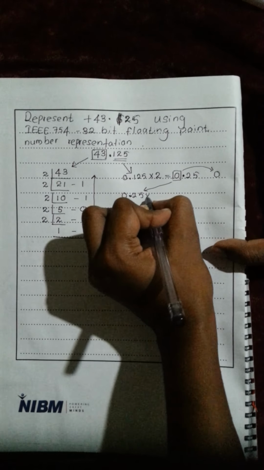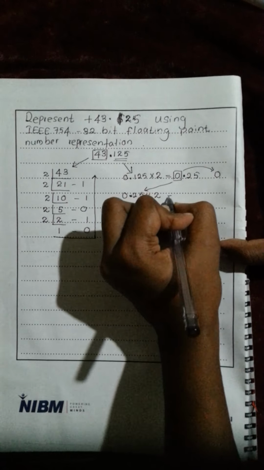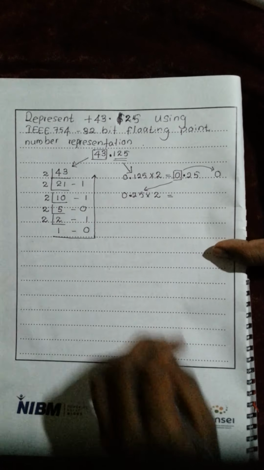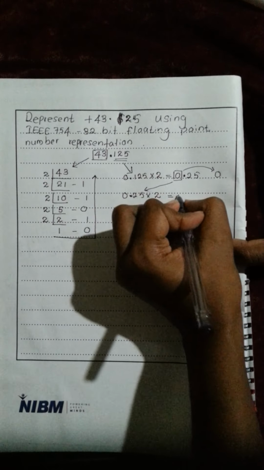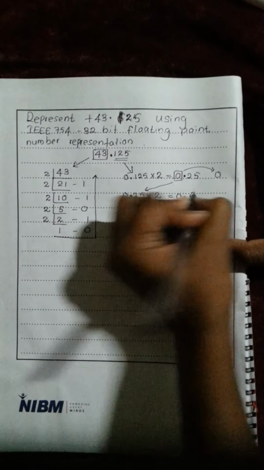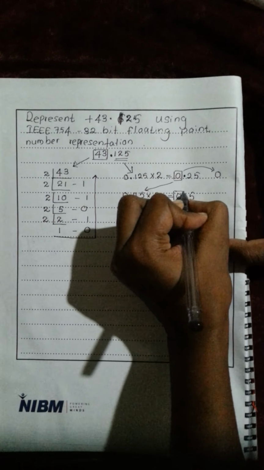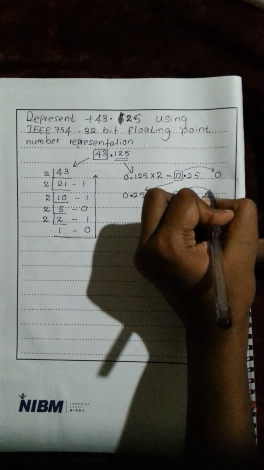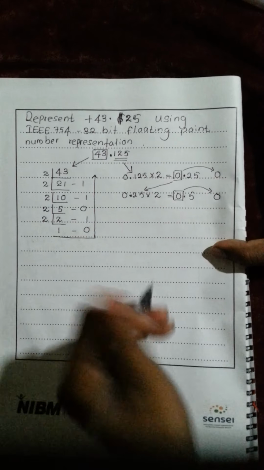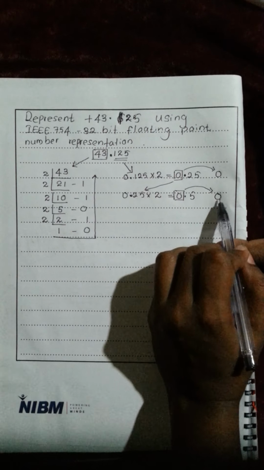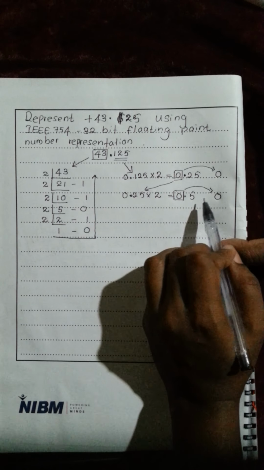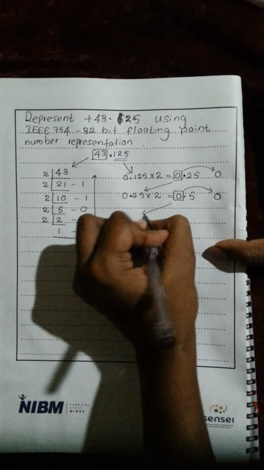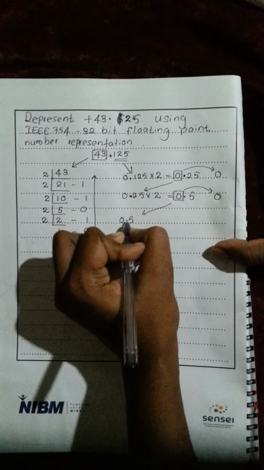Now I'm multiplying this by 2 again. If we multiply 0.25 by 2, I'm getting 0.5 here. So again I take the value before the decimal point and write it here. If we remove the 0 from 0.5, the remaining value is 0.5.